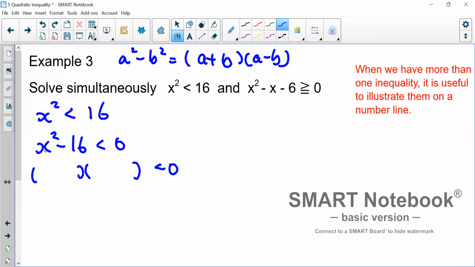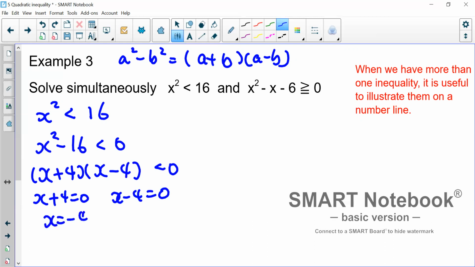So you can see here my a would be x and my b would be 4. So I'd factorize into x plus 4 times x minus 4, which means x plus 4 would equal 0 or x minus 4 would equal 0. So the two roots would be x equals minus 4 or x equals 4.